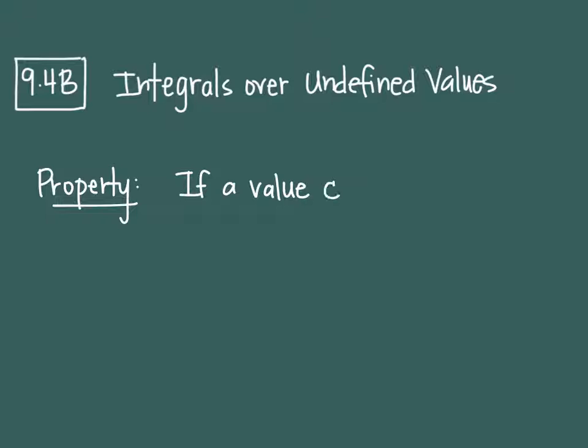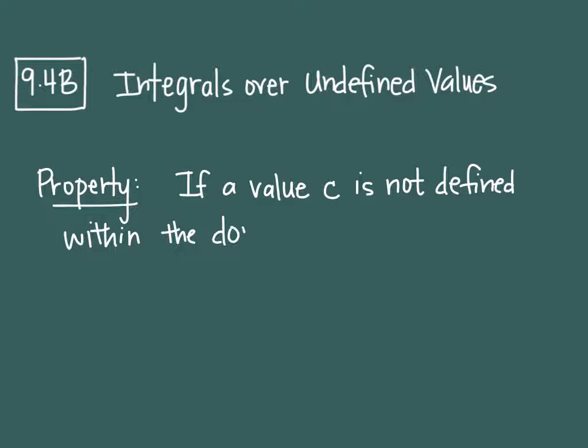If a value C is not defined within the domain A to B for f of x, for example, you have a beginning value and an ending value, but somewhere in that interval there's a C that's a problem for the domain.